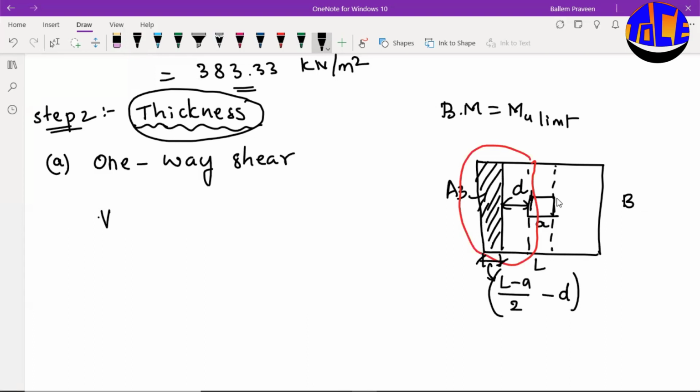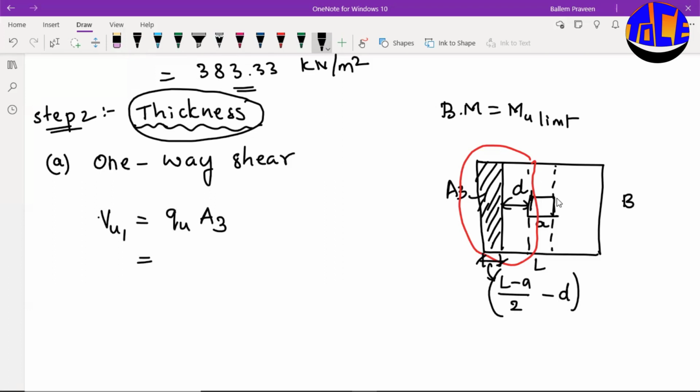So now let us calculate the nominal shear force, VU1. VU1 is equal to QU, the pressure, into area A3. Stress into area gives you the force, right?